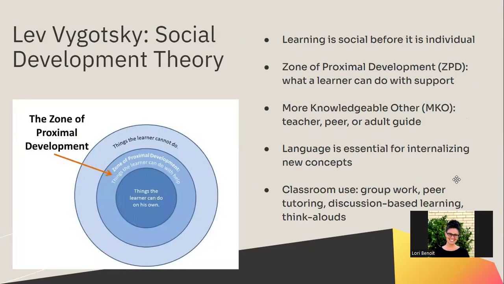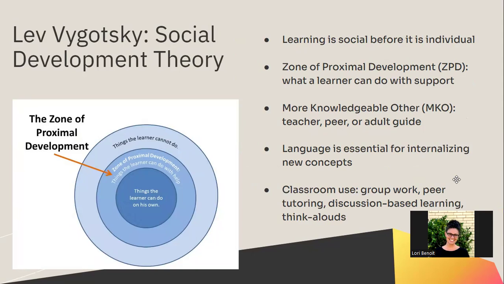So Lev Vygotsky's social development theory is very important to our understanding of how students learn. He emphasized the importance of social interaction in learning. His concept of the zone of proximal development, ZPD for short, is the range of tasks that a student can perform with guidance.